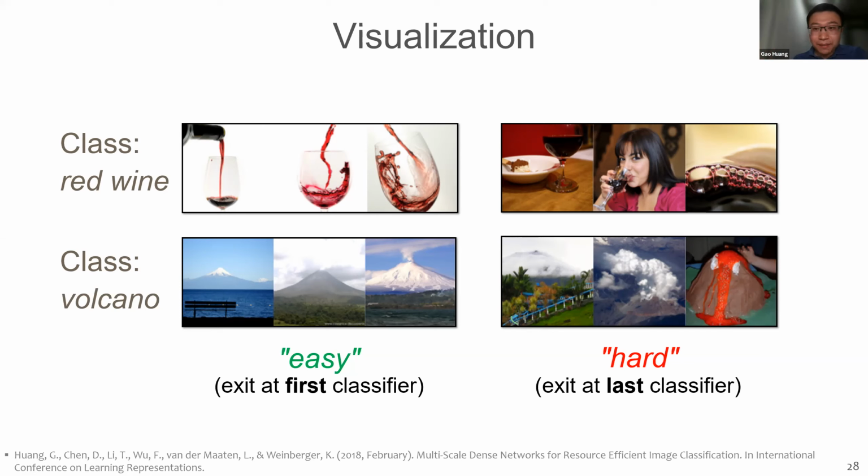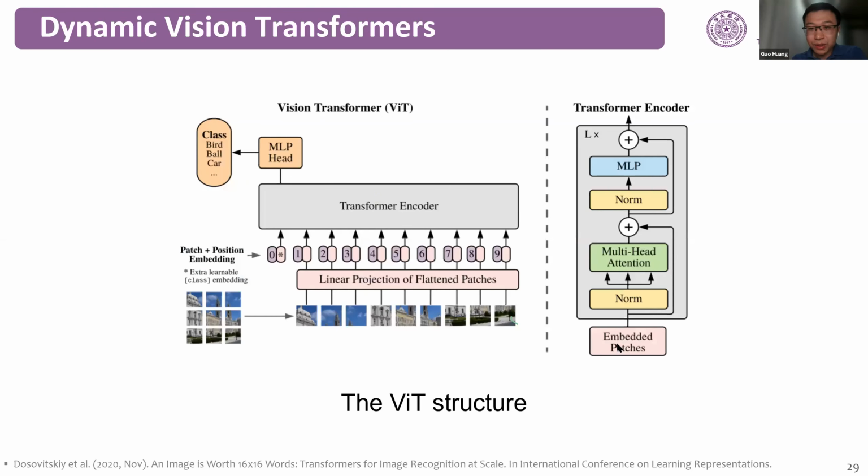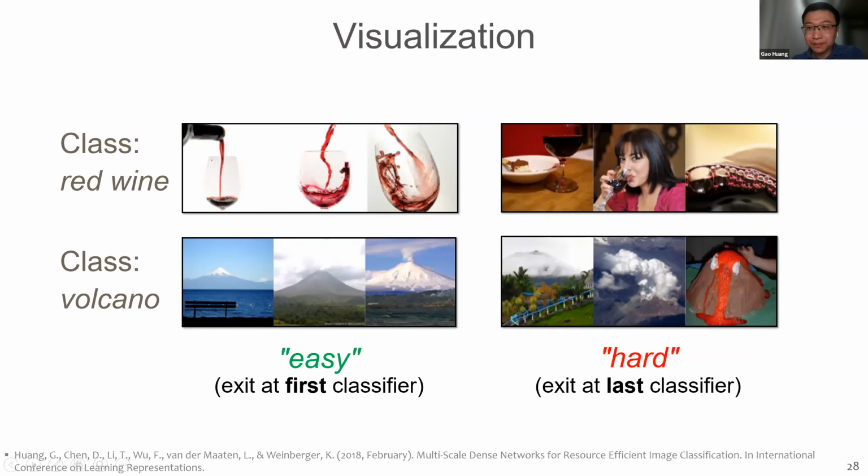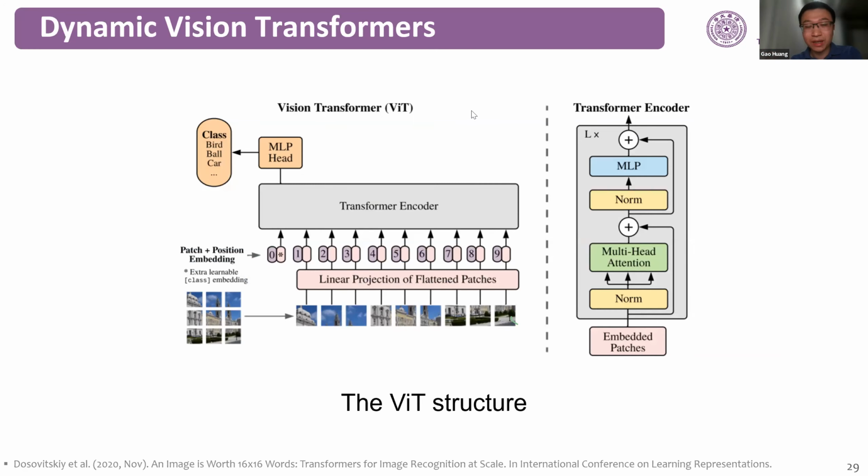All right. So this is our first work on the dynamic depth network, and recently we have transferred this idea to the vision transformer, because the vision transformer is a recently developed architecture that shows excellent performance on image classification.